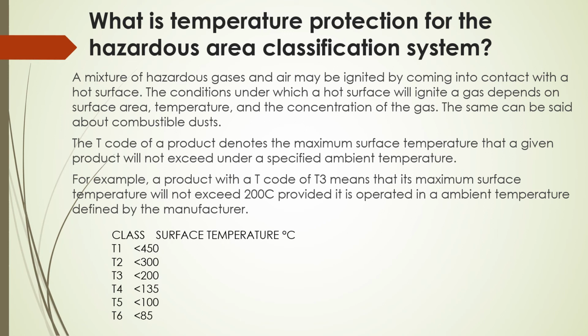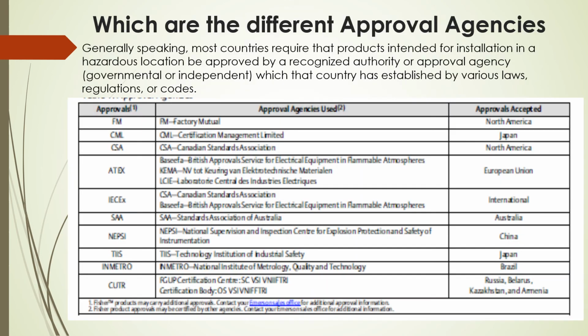So T1 surface temperature is 450 degrees centigrade, T2 300, T3 200, T4 135, T5 100, T6 85 degrees centigrade.